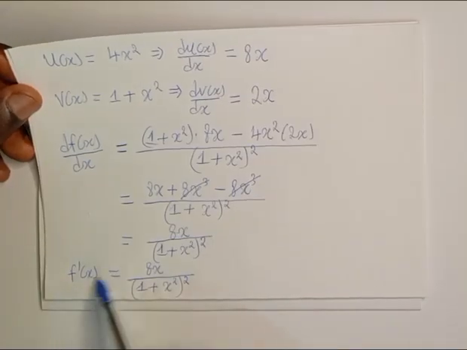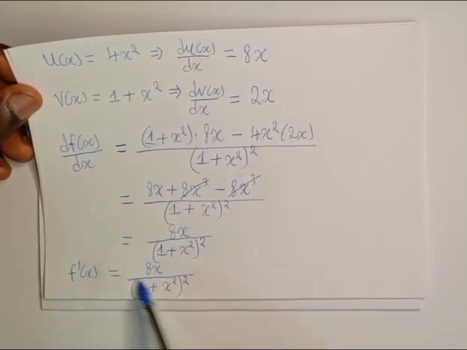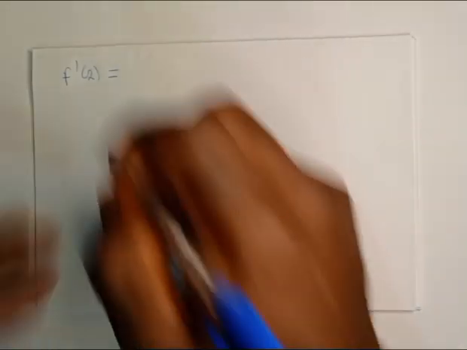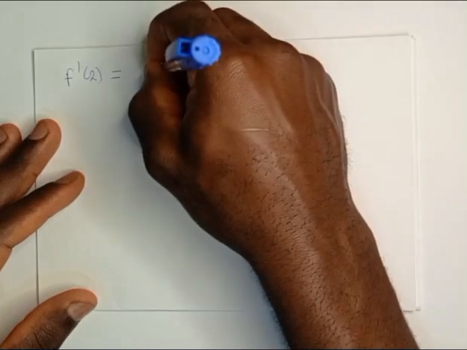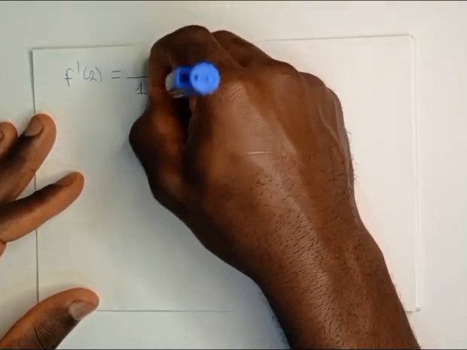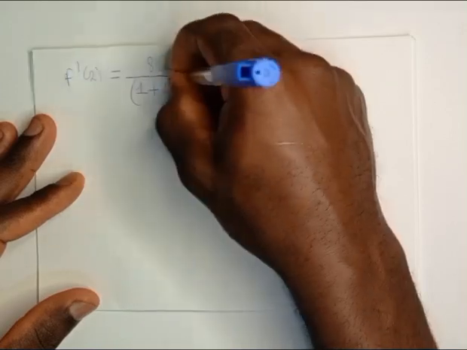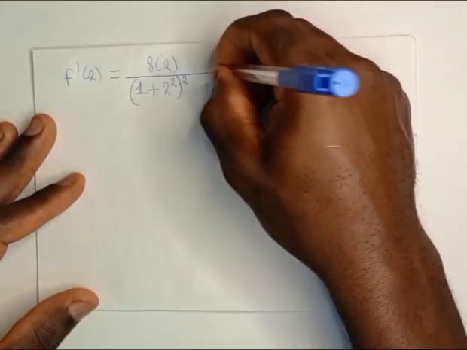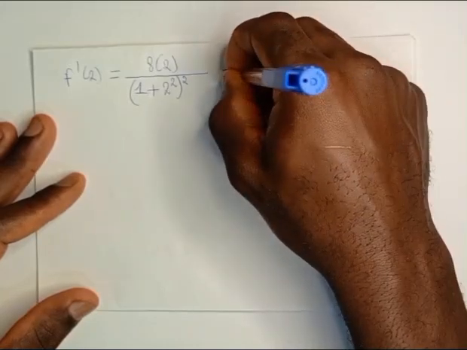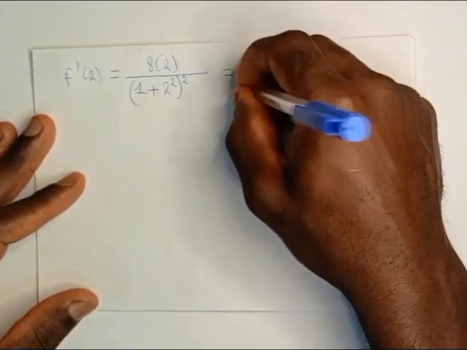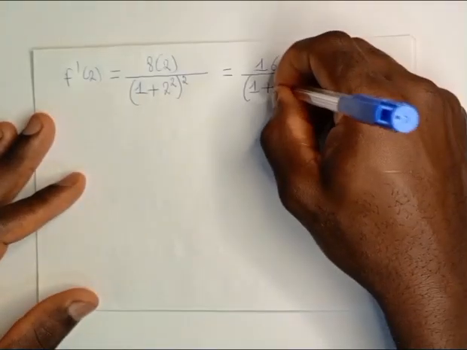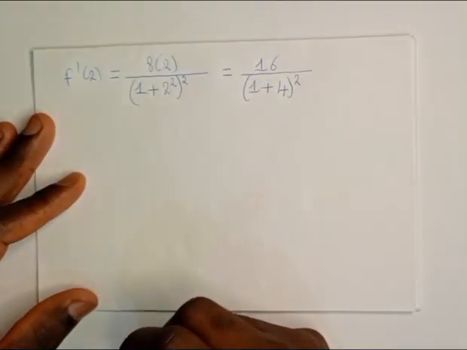Replacing x with 2, this will give us 8 times 2 all over 1 plus 2 squared, all this squared, which will simply be equal to 8 times 2 is 16 all over 1 plus 2 squared, 2 times 2 is 4, all this squared.